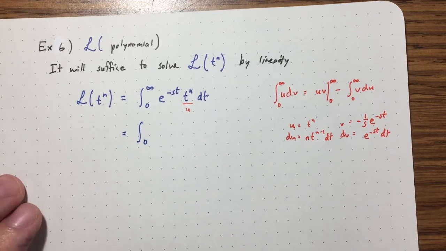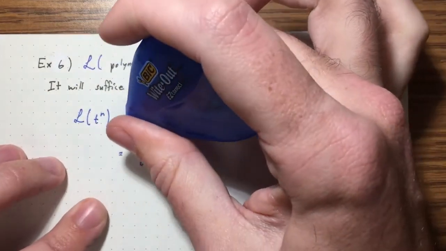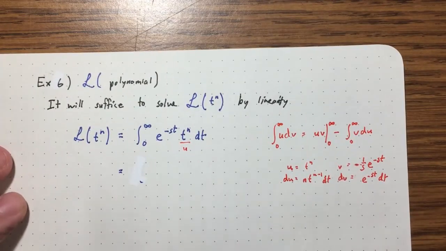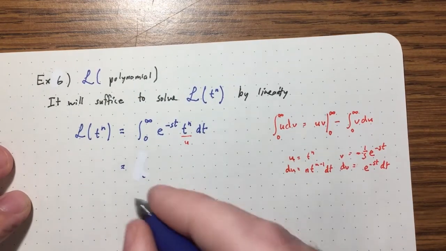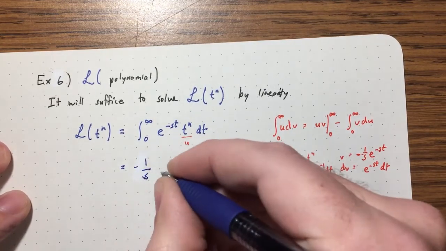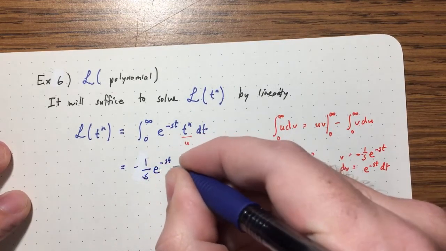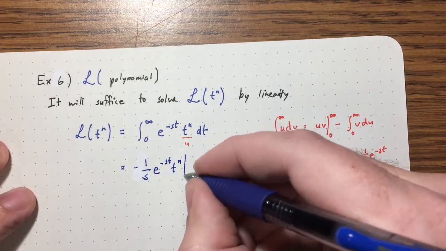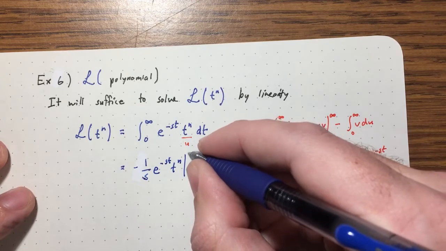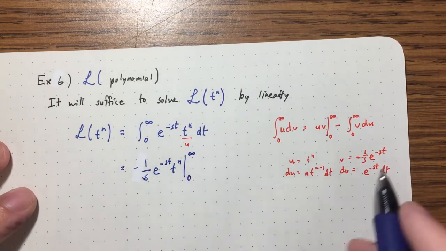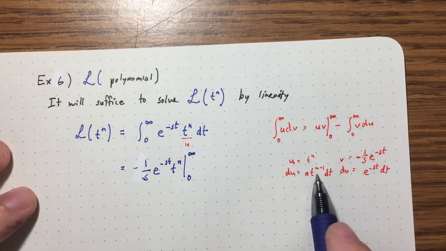Okay, great. So we actually don't need this integral symbol. Let's just use integration by parts, and we'll write down what we get. We get minus 1 over s e to the minus st, t to the n. That's uv, evaluated at infinity and 0, minus this integral, v du.